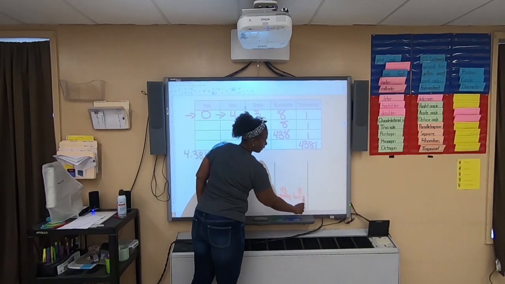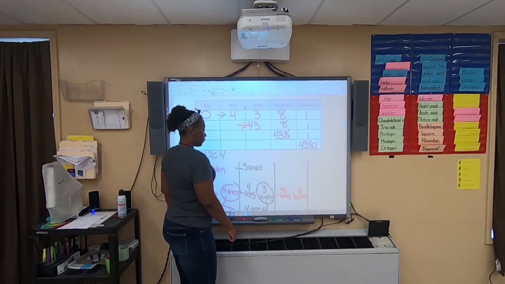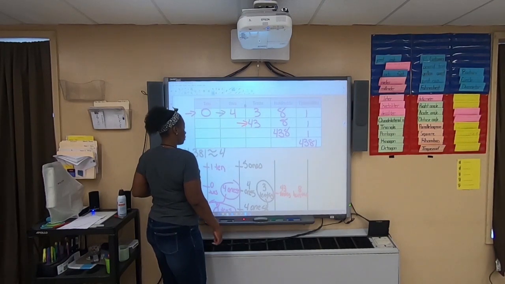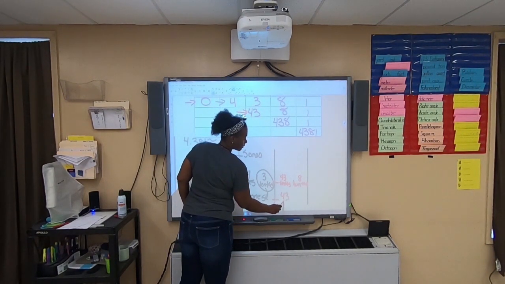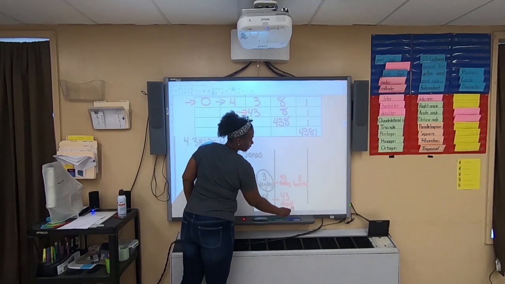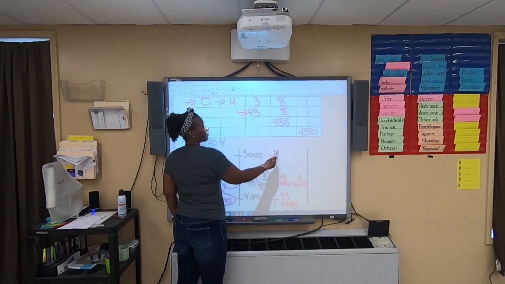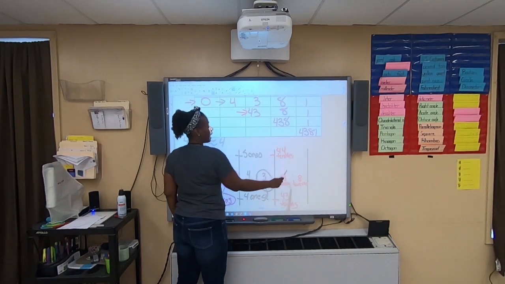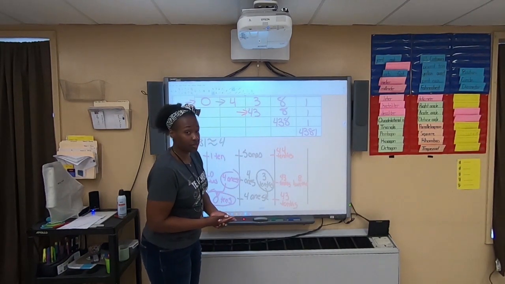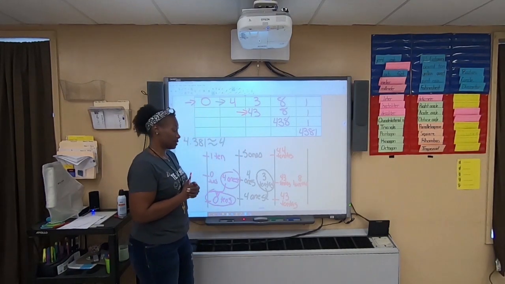I'm going to abbreviate. And we know that's either going to round down to 43 tenths, or it's going to round up to 44 tenths. Those are my options. It either stays 43 tenths or it goes up to 44 tenths.